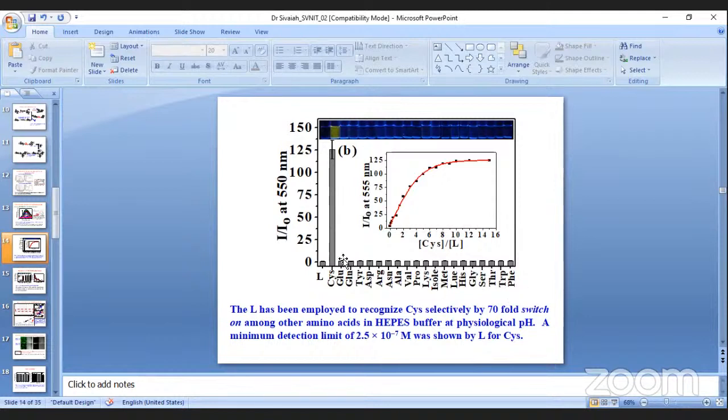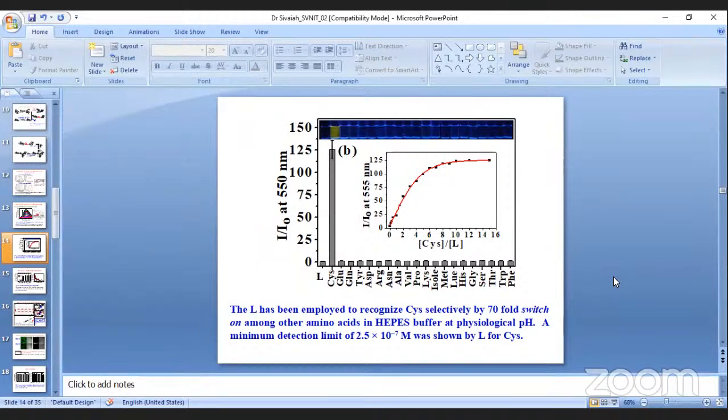At a mole ratio of 1 to 10, we get almost the highest fluorescence intensity.